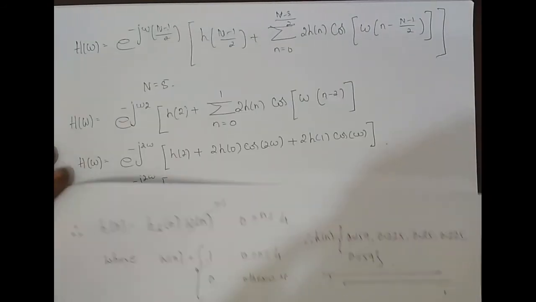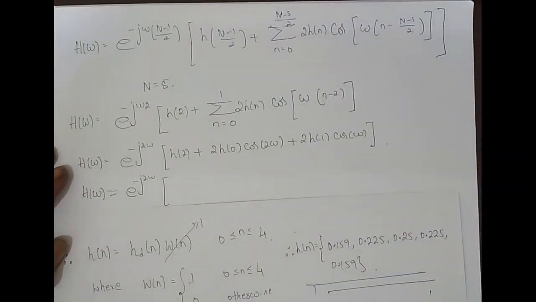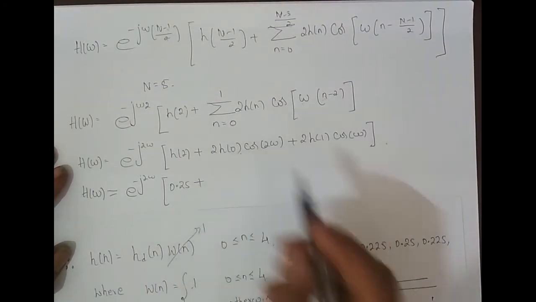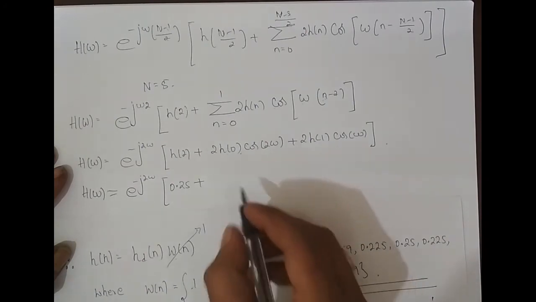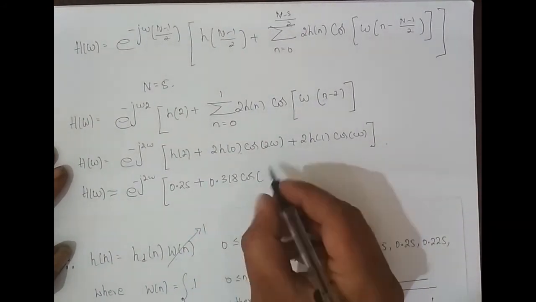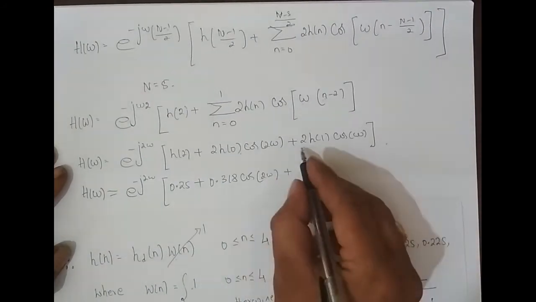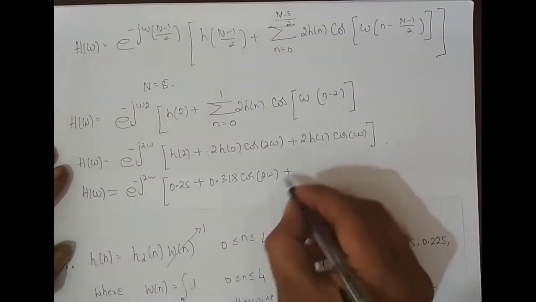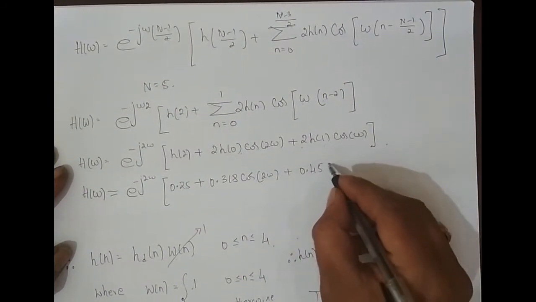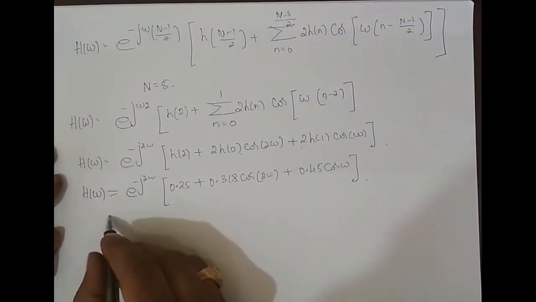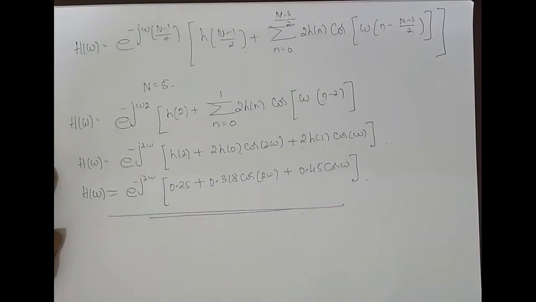So value of h of 2 is 0.25, plus 2 times h of 0, 2 times 0.159, which is 0.318, into cos of 2 omega, plus 2 times h of 1, h of 1 is 0.225, 2 times 0.225 is 0.45, into cos of omega. So this is the magnitude frequency response h of omega which we need.